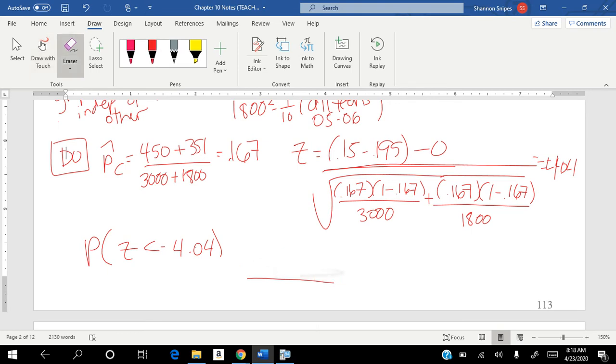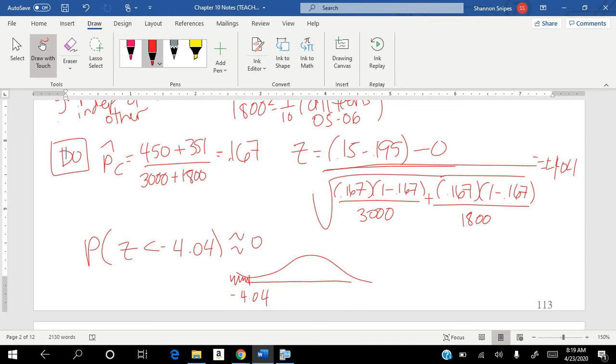Man, technology got me all messed up in the head. Let's try this again. So we're going to draw our normal distribution curve, -4.04. I think if you go ahead and think about your empirical rule, that means that we are 4 standard deviations below the mean. And we should know that that probability is basically 0.